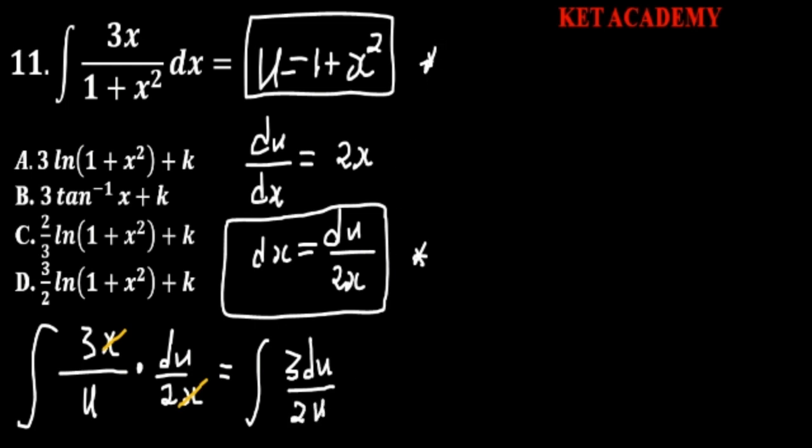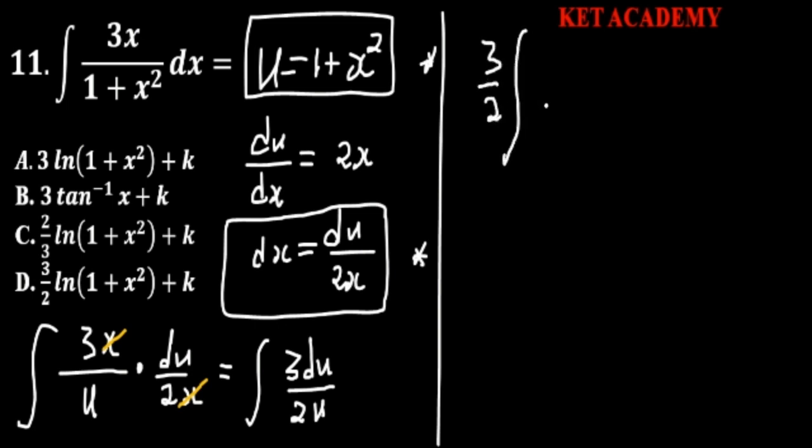Now since 3 on 2 is a constant, then it can be sent out of the integral sign. So simply I'm going to write this as 3 divided by 2, the integral of du on u, and this is a standard integral, and the value of this will simply be the ln. So it will be 3 on 2, the ln of u plus a constant k.